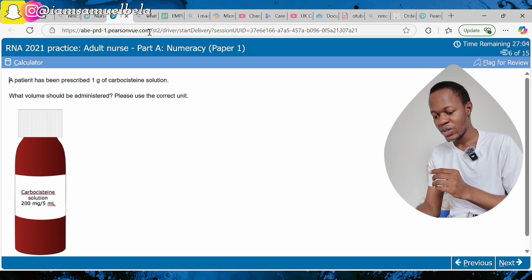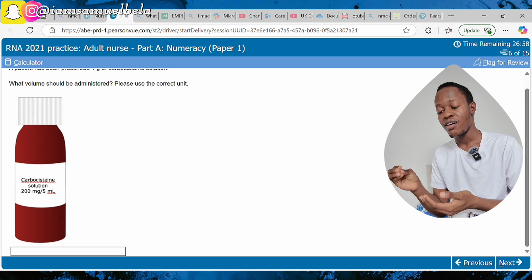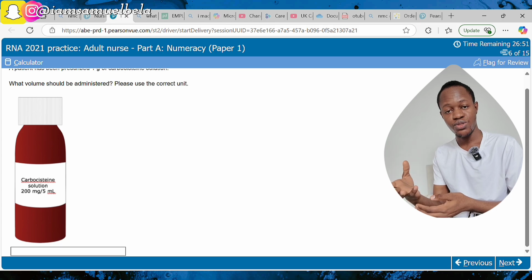So 1 gram of carbocysteine is prescribed, and we have 200 milligram per 5 ml. To get 1 gram, that's 1000 milligram, so how many 200 milligrams are in 1000 milligram? That is 5. So how many ml are we going to give?